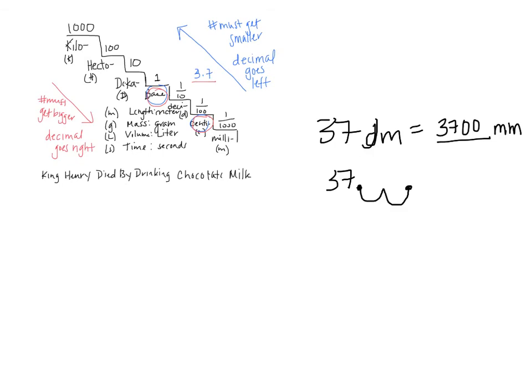Let's try another one. Let's not use length again. Let's use a different unit. 0.5 grams equal to Hg.